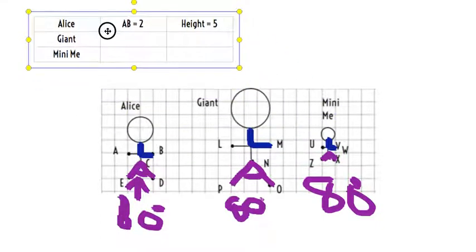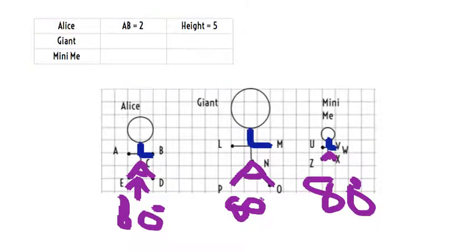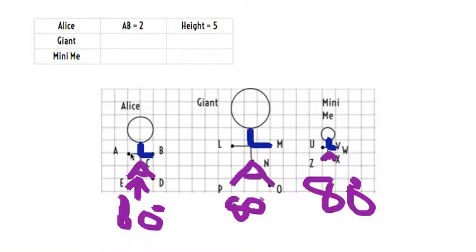So let's look at AB in Alice. AB is her arm span. So if we look at AB, this distance here is 2. Now if I go over to the giant, 1, 2, 3, we have LM equals 3.